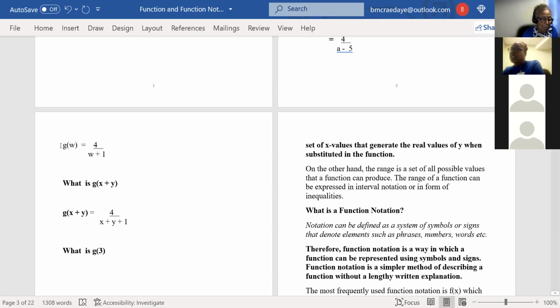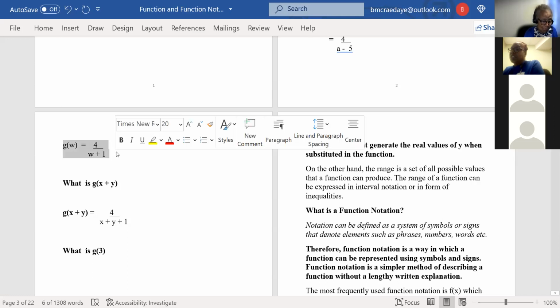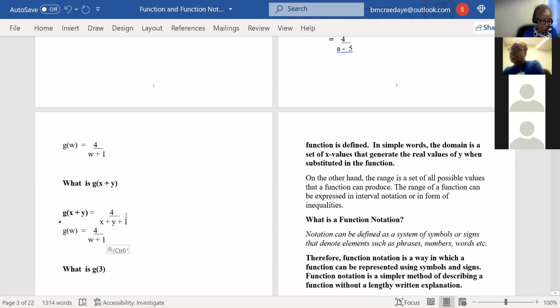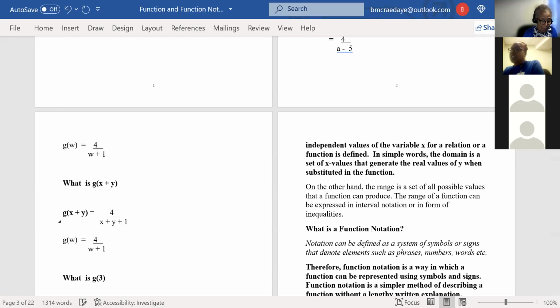Got the same equation, the same function, and I want to know what is G of 3. Chastity, you have the answer? Latoya, what's G of 3?